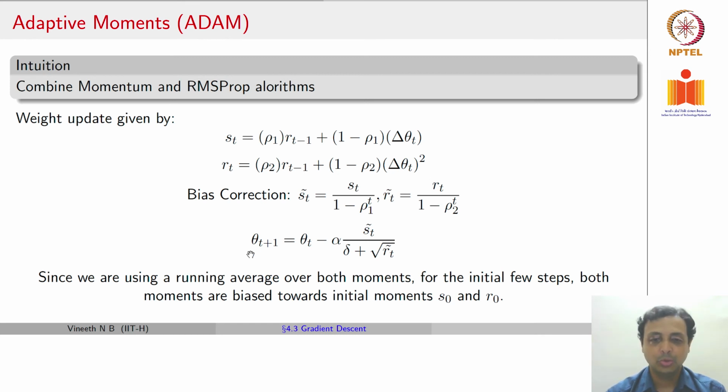Why? You look at the final update equation here. The update says that theta t plus 1 is equal to theta minus alpha ST by delta plus root RT. I'll explain the tilde part in a moment, but let's first assume that there's no tilde. Let's just assume ST and RT. So what is this doing? Alpha by delta plus root RT is exactly the same that we saw in RMSProp and Adagrad.